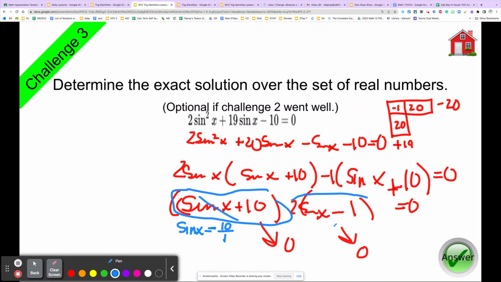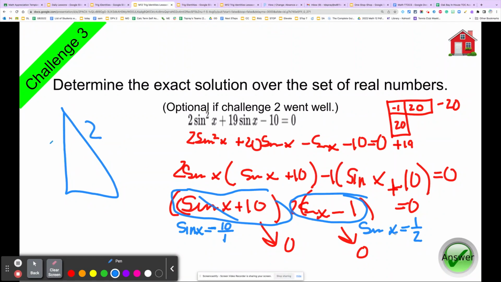special triangles, and the reference angle there would be 30 because the opposite side is 1. So if it's 1, there's my 30, there's my root 3, and sine is positive in the first and second quadrant. So the first and second quadrant would be up here.